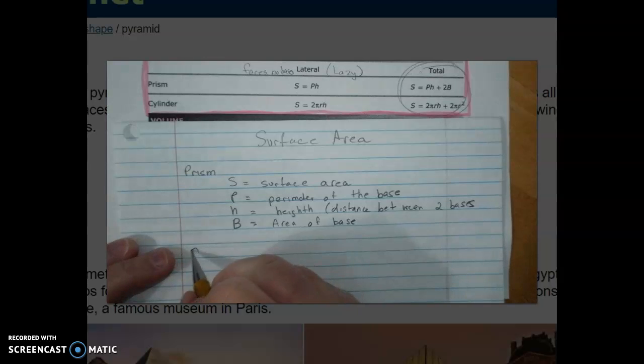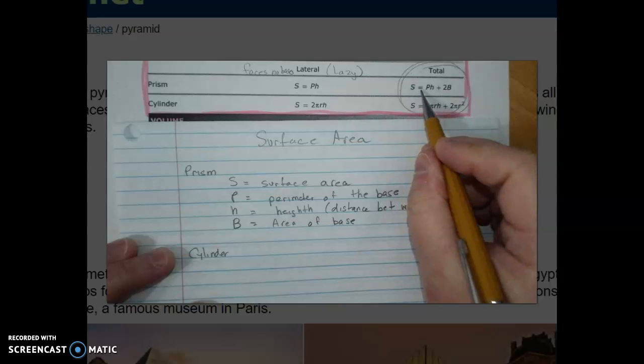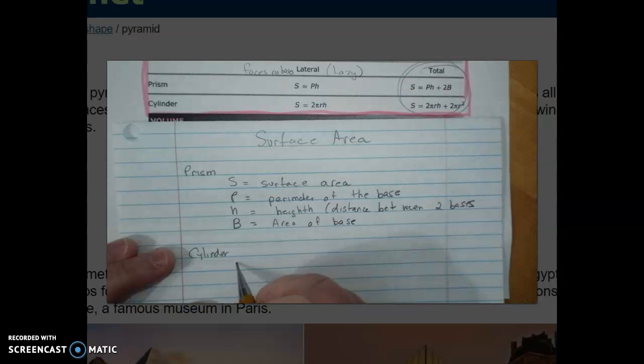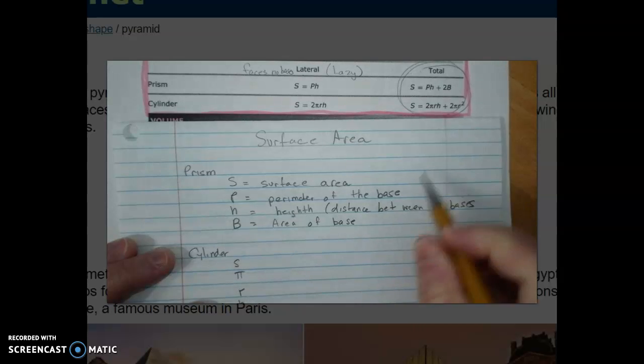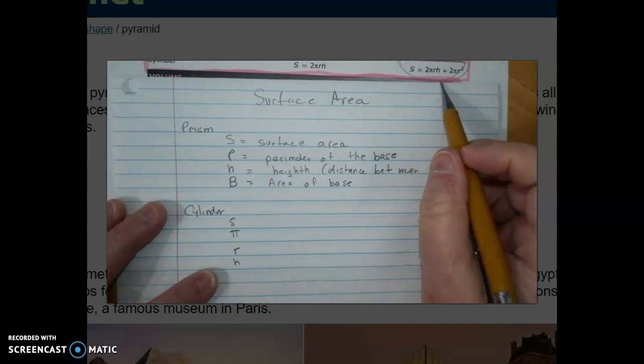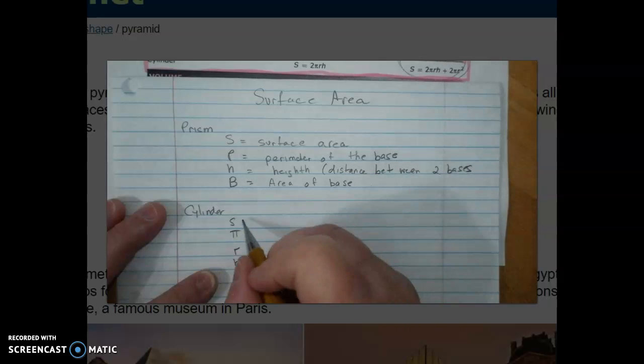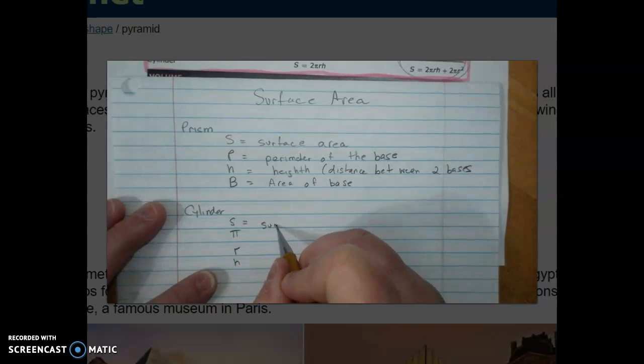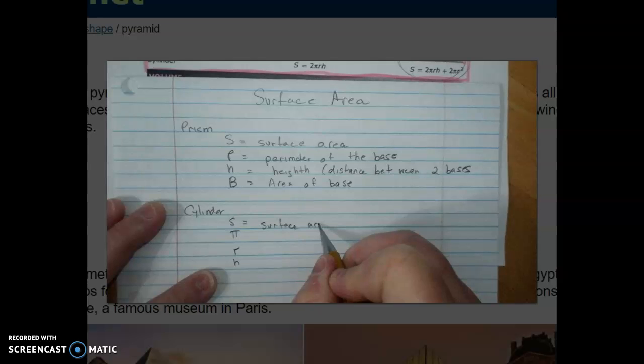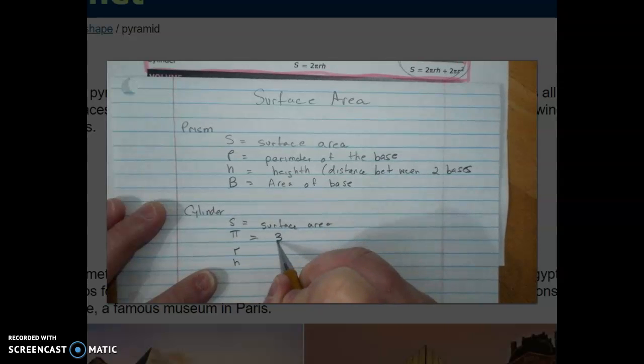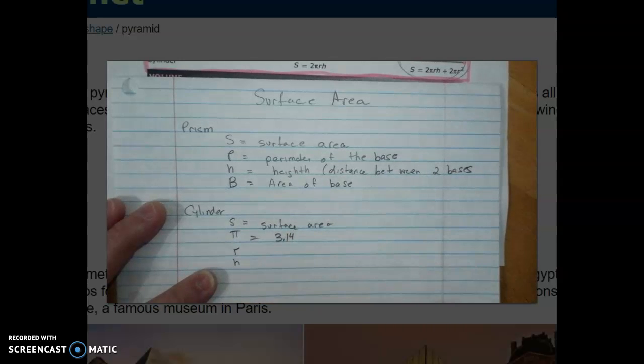So then on cylinder, and I'm again working on total, I have S and pi and R and H. And I have all my variables. Again, S is surface area. Pi you're going to use is 3.14.